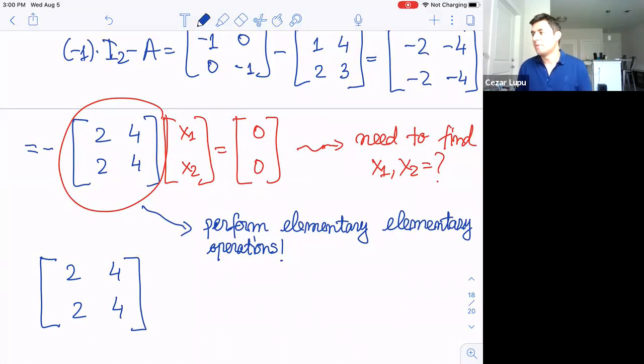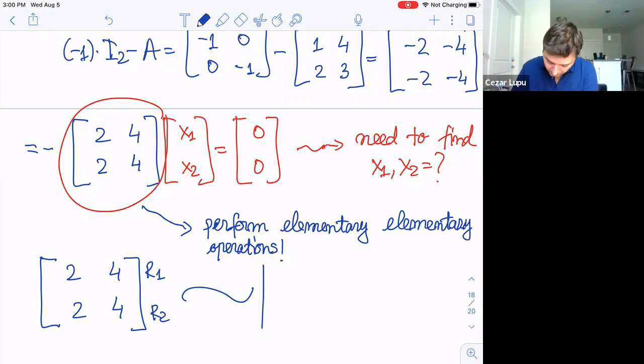What operation should we do here? Keep in mind that we need this entry to be transformed into 1, and it doesn't matter the order. Of course, you can divide by 2 if you want. So this is R1 and R2, and this will be equivalent to 2, 4, and my new R2 will be R2 minus R1.